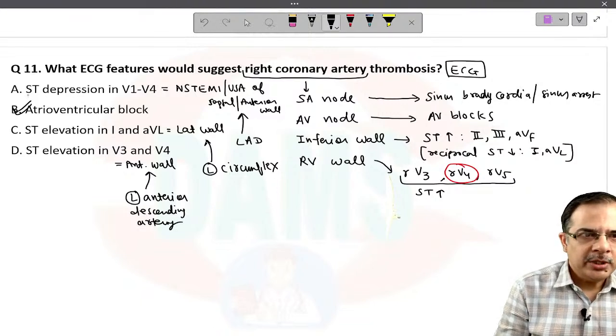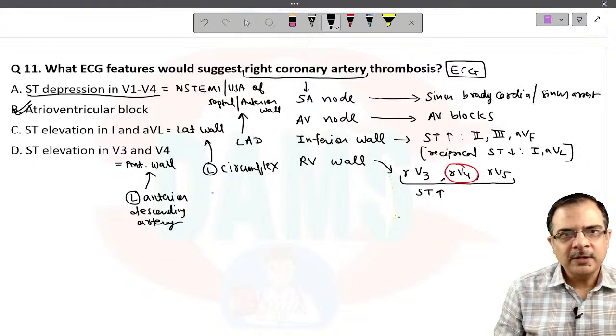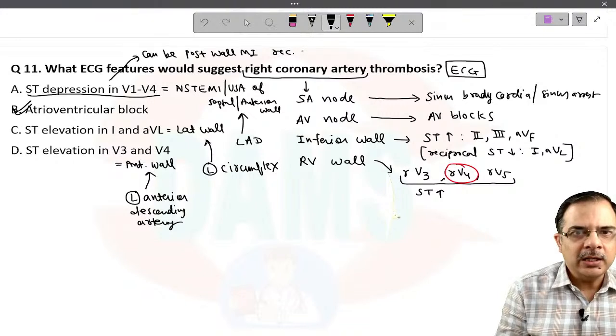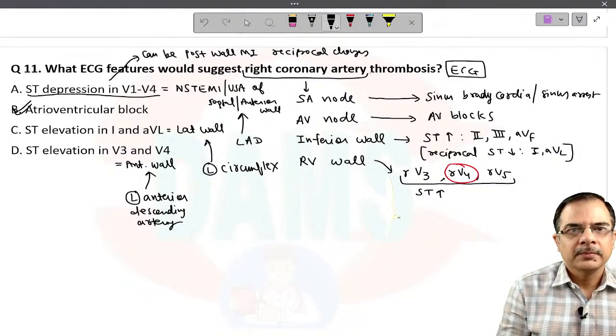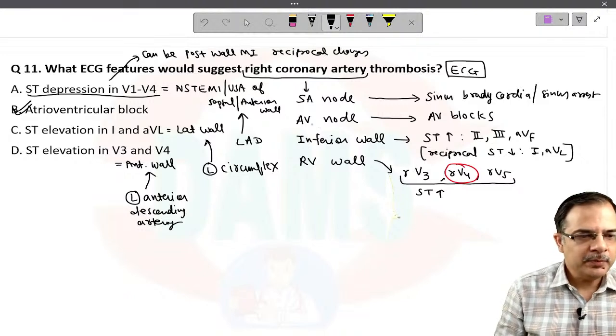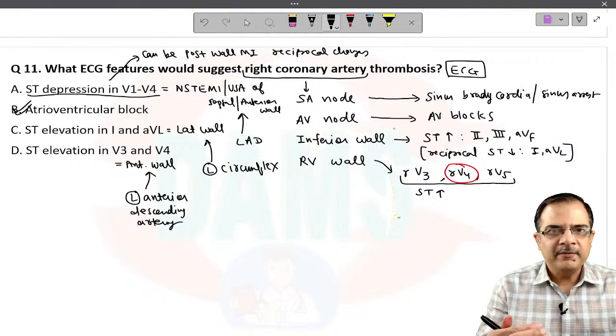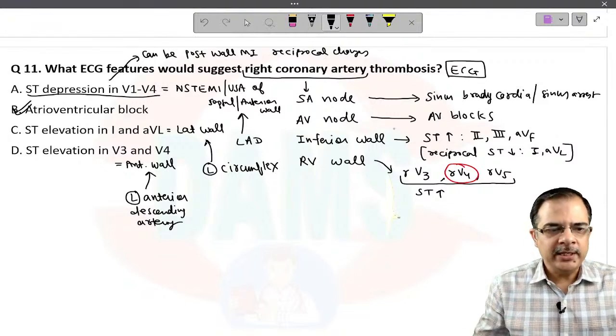Yes, A option can be a reciprocal change of a posterior wall MI. Why not? Yes, there is a possibility. So we have to check posterior wall leads.